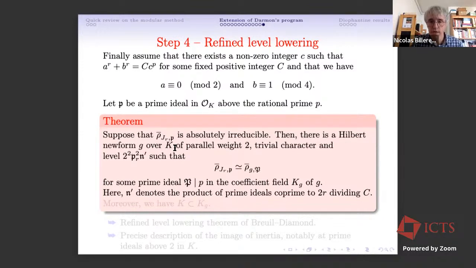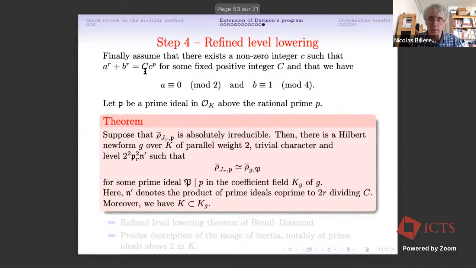So weight 2, trivial character, and level given by 2 to the 2, P, R squared, and the product of all prime ideals in K which are coprime to 2R and that divide C, the C being the coefficient in front of the P-th power on the right-hand side, such that we get an isomorphism between the mod P representation attached to JR and the mod frak P representation attached to G, for a prime ideal frak P in the coefficient field of G.